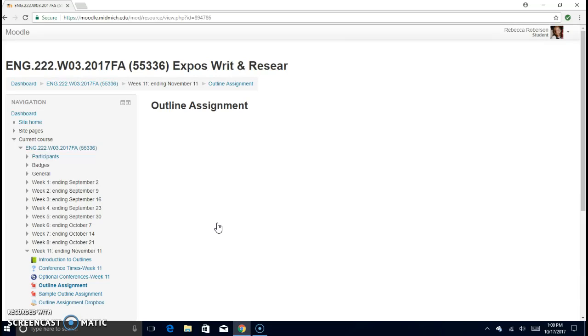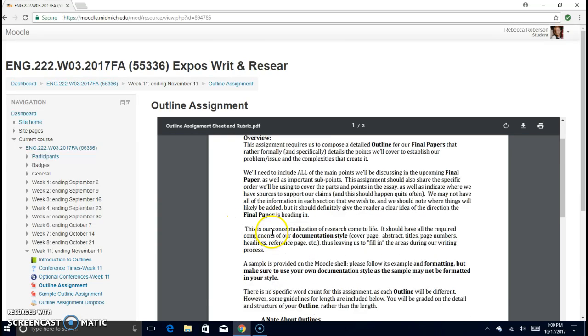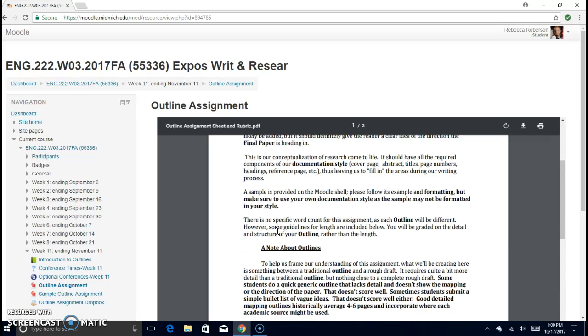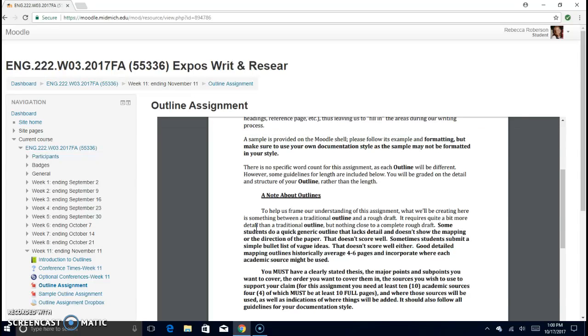This week we're working on the outline assignment, and like I said, it's really up to you how you decide to do this, but there are some requirements. It's important to note that this is not a basic general outline. This is a very specific outline.